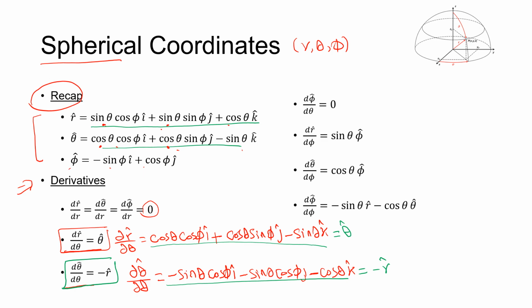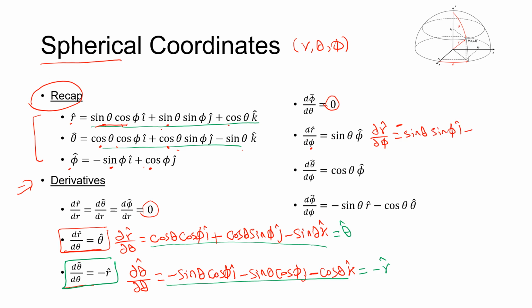Now the final one is the phi component. If we differentiate with respect to theta, we don't have any dependency on theta, so we'll get a 0. Move to the phi differentiation. First with r, we have something, so it will have a result. Partial r by partial phi equals, here we have sine theta, which is a constant, cosine phi brings minus sine phi in the i direction.